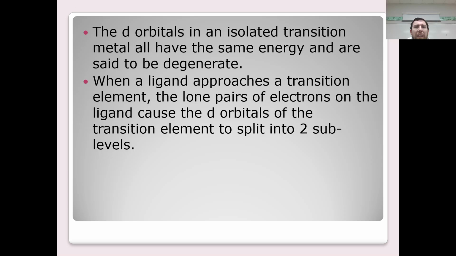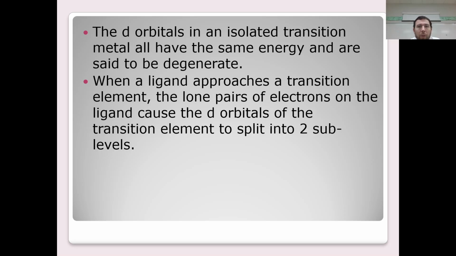Well, when you have a ligand and it approaches a transition element, the lone pairs of electrons on the ligand are going to cause the d orbitals of the transition element to split into two sublevels. So you're going to have one section that's going to contain some d-electrons, and you have another section that's going to contain some d-electrons. So you're going to have a splitting of that d orbital.